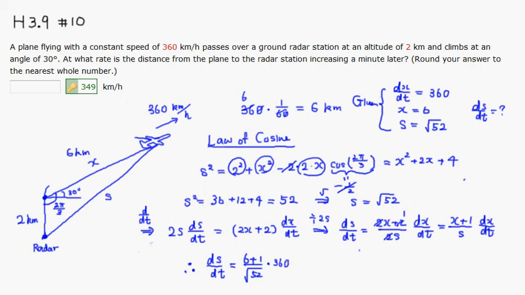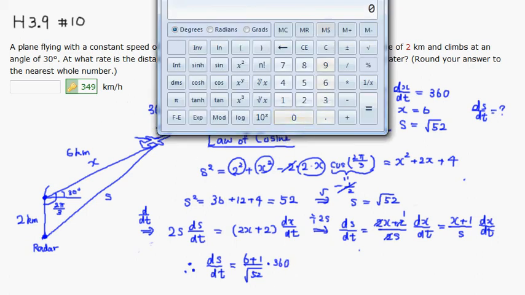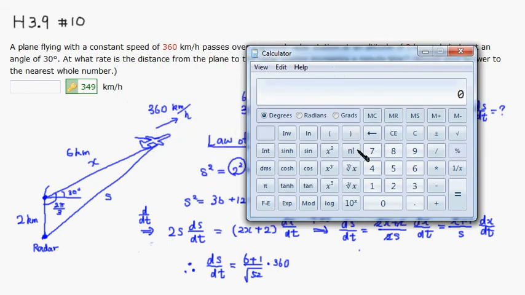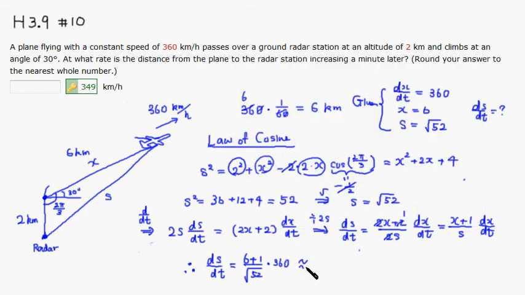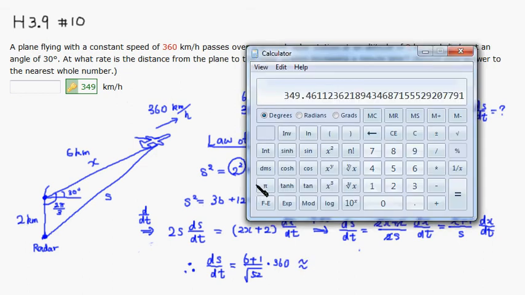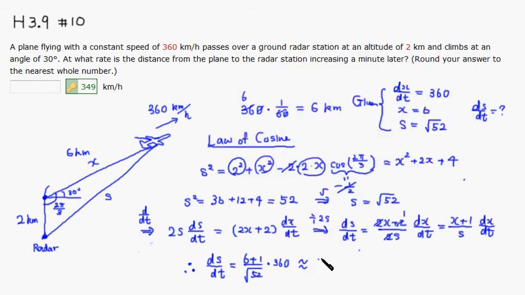Let's compute that value, and I'm going to cheat using a calculator. 6 plus 1 is 7, multiplied by 360, and then divided by the square root of 52, which came out to be about 349 kilometers per hour.